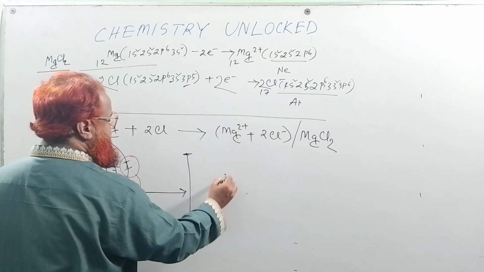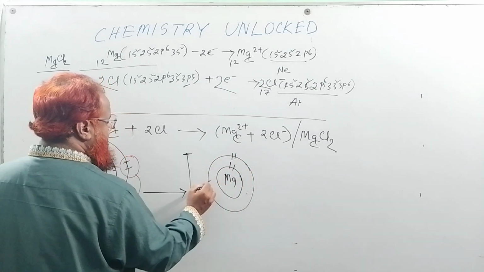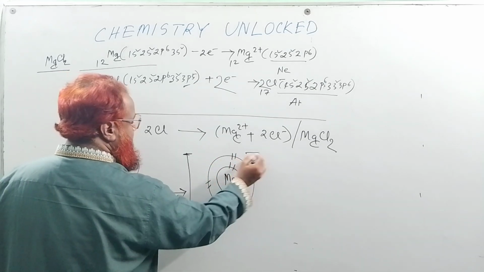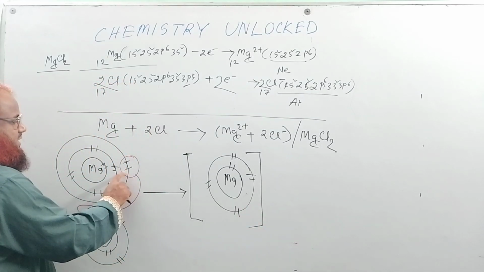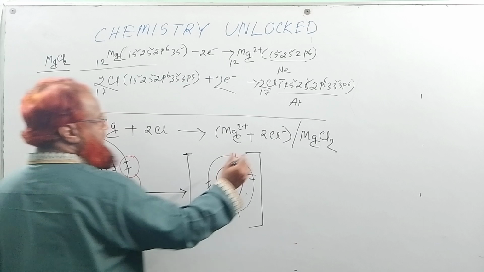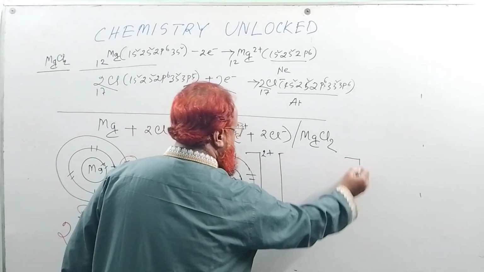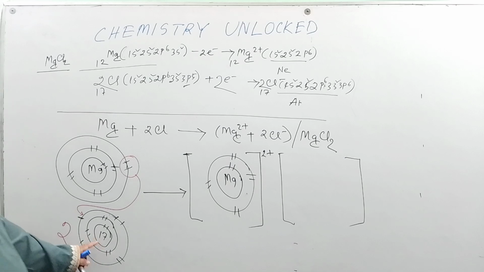Magnesium, first orbit, second orbit. After donating these 2 electrons, here 2 and then 8. Now it will be Mg2 plus. Now your anion, 2Cl minus, will be produced.